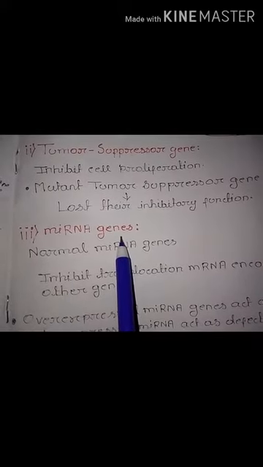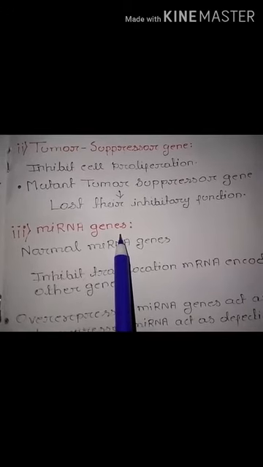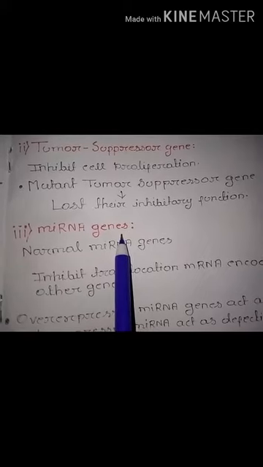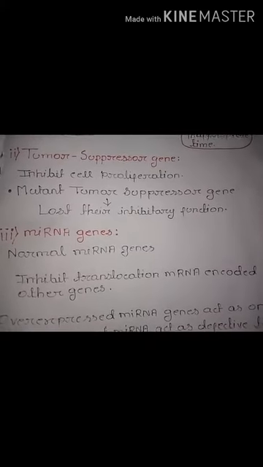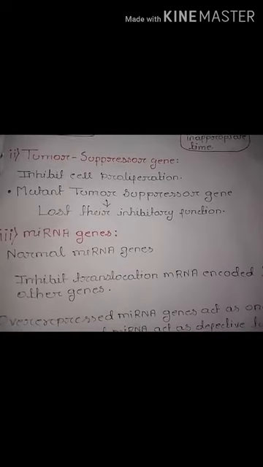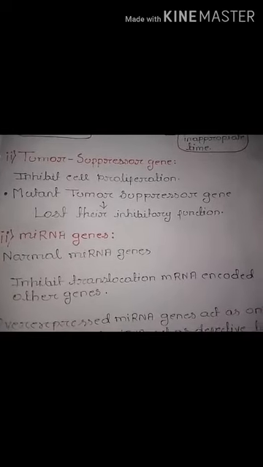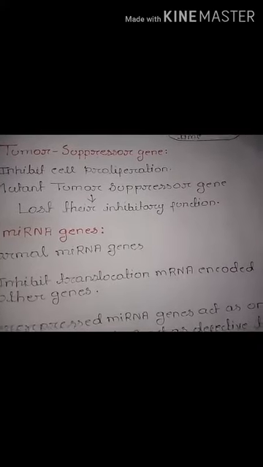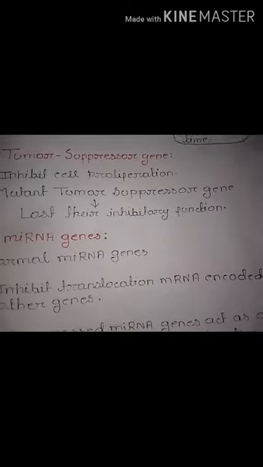Now the microRNA genes. We find microRNA genes in RNA interference, microRNA and siRNA. When certain viral or foreign DNA or RNA enters our body, the body evolves a defense mechanism by which it inhibits the transcription of that DNA or silences the synthesis of that mRNA.